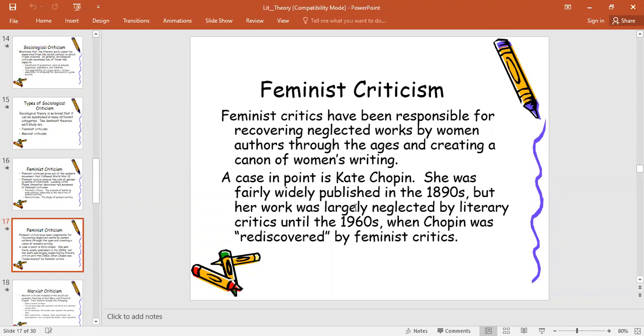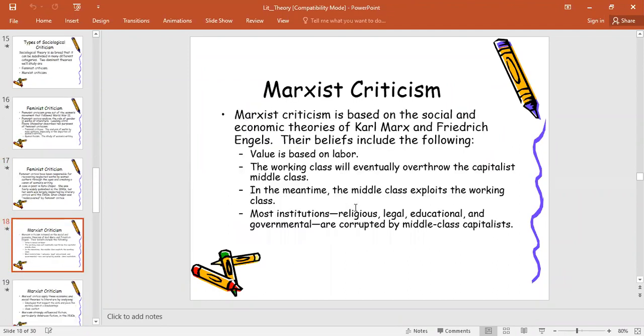Now, you may see that for a period of 70 years, her works were put onto the shelves under the dust, until Chopin was rediscovered by feminist critics. So at last, again, female critics tried their level best to uphold her position, and her works were certainly presented over there.